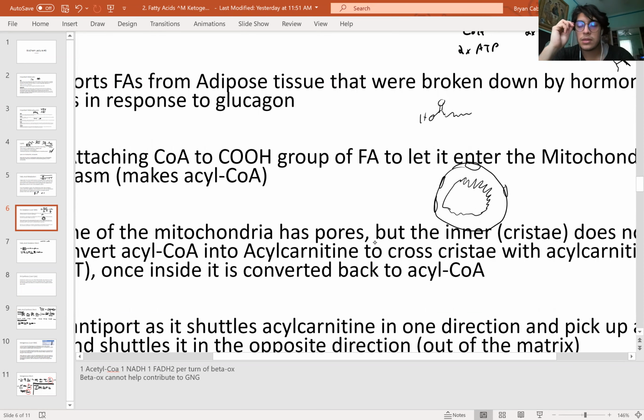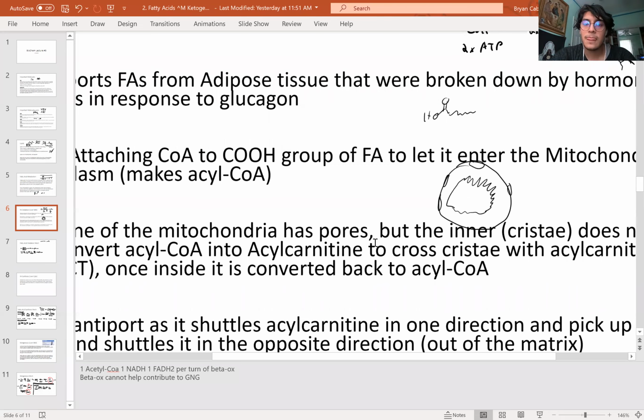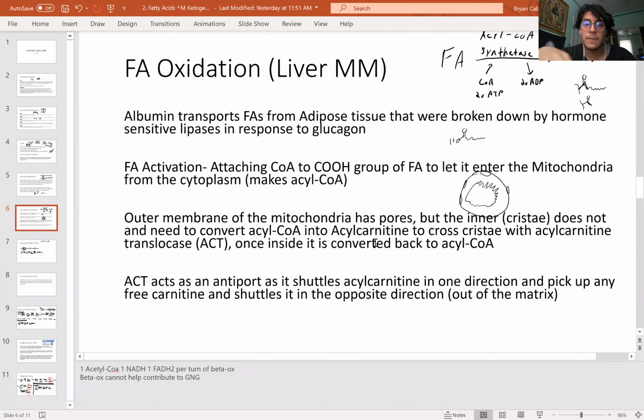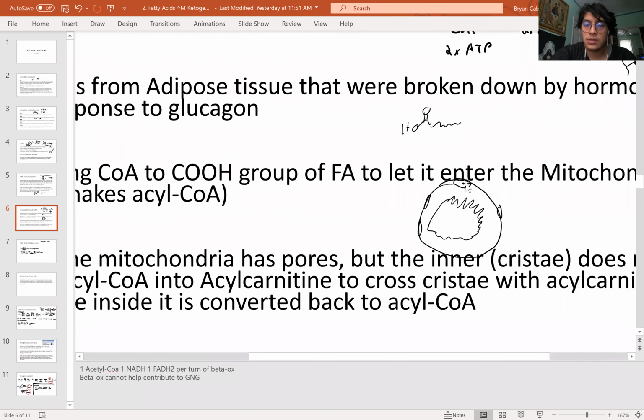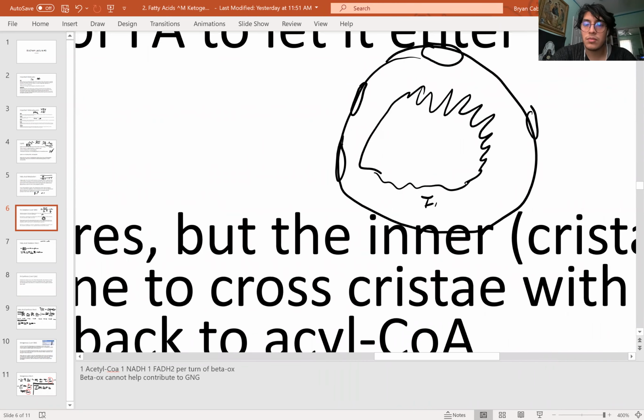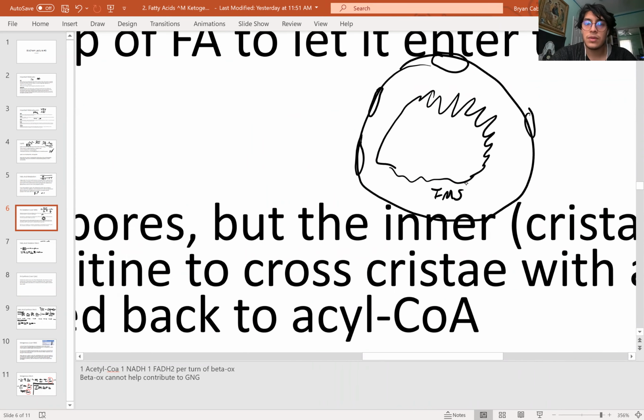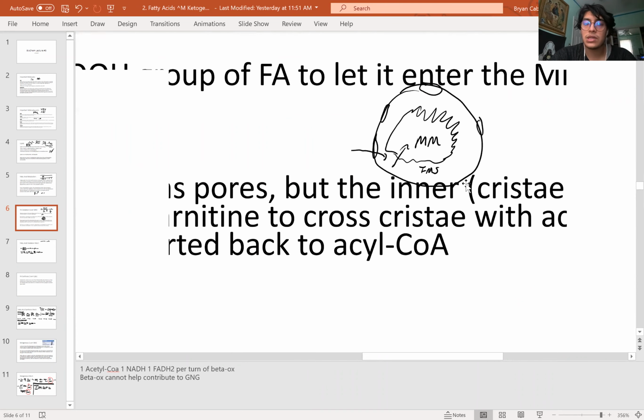However, the cristae is a bit more strict in terms of transport. And so the reason why we need to activate it is not necessarily because of the transport from the cytoplasm to the intermembrane space. This part right here would be the intermembrane space. The fatty acid going from here to here is not a problem. It's the fatty acid entering into the mitochondrial matrix where beta oxidation actually occurs.